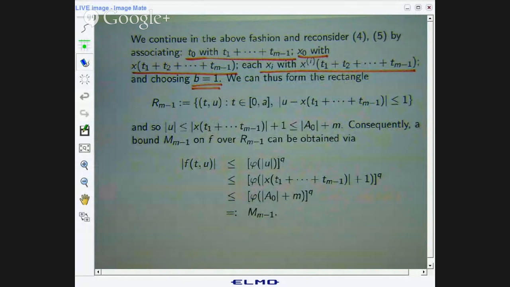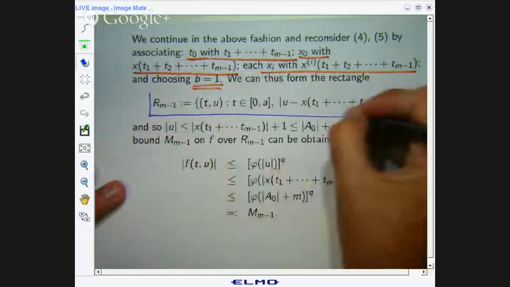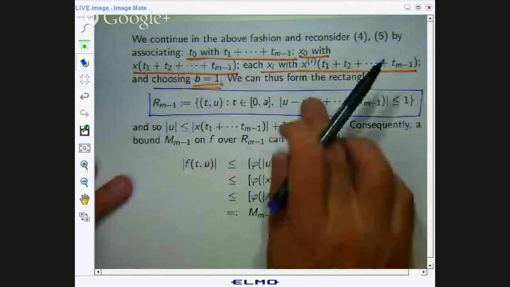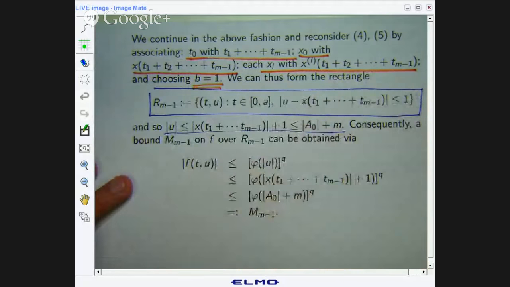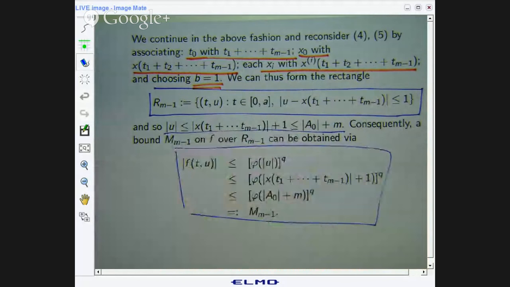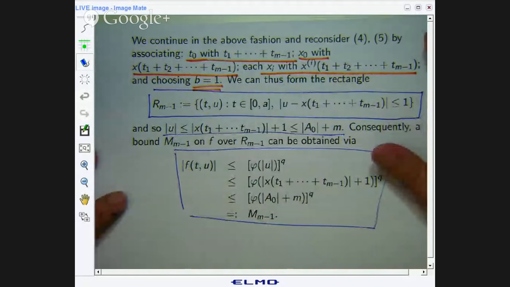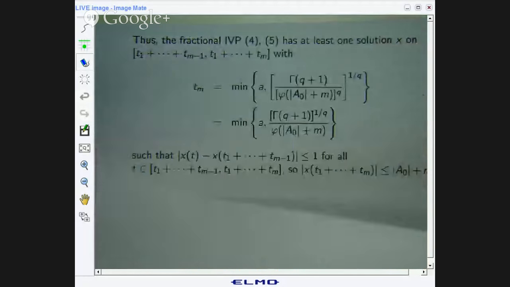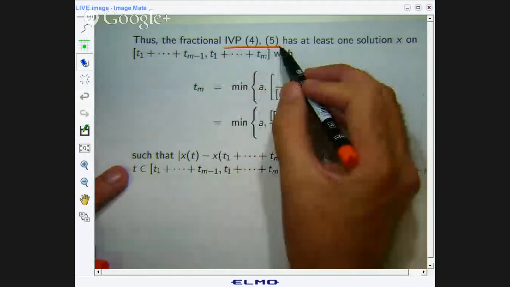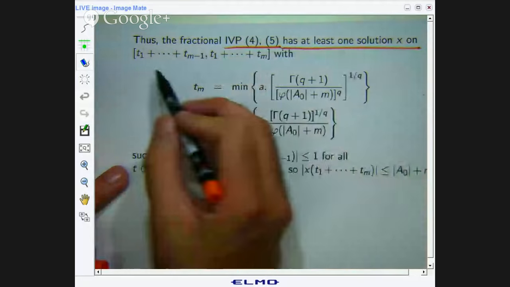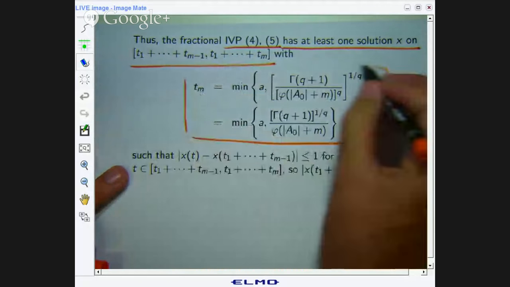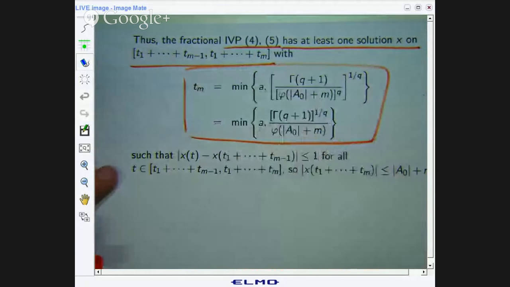We form this rectangle like that, rearrange that to get the bound on U, and you can form the bound using the growth condition again. So what does that mean? Well, it means in the general case, just by applying Theorem 1, the IVP has at least one solution on this interval here with T sub m, the minimum of this.